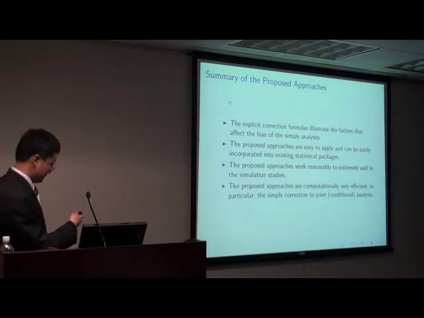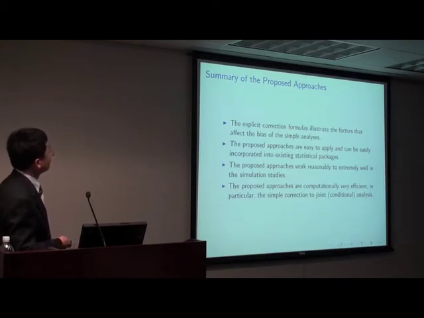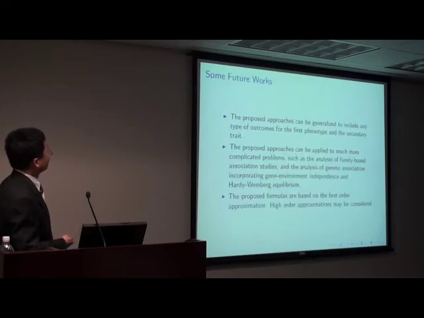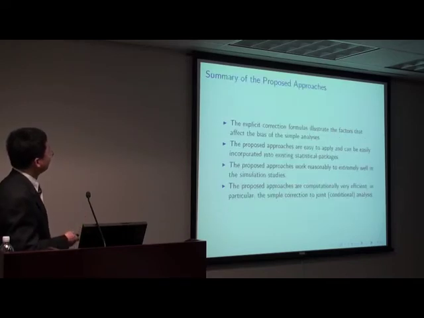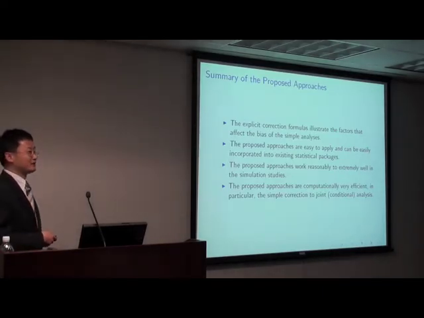This is a summary of the proposed approach, the good side of the approach. One thing is I like this approach because it gives us an explicit correction formula to use. It is very easy and condensed, so you can apply it very easily.